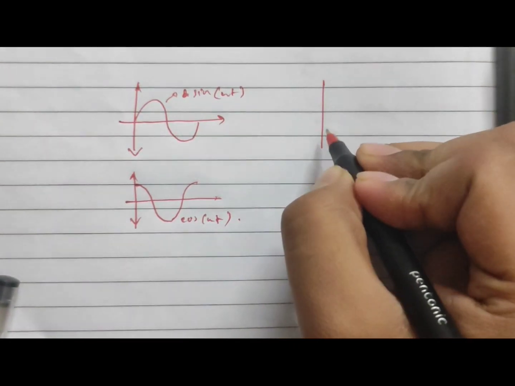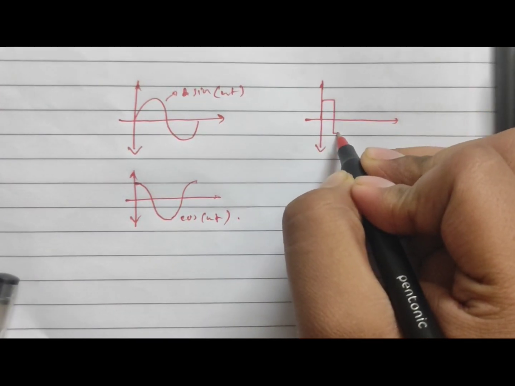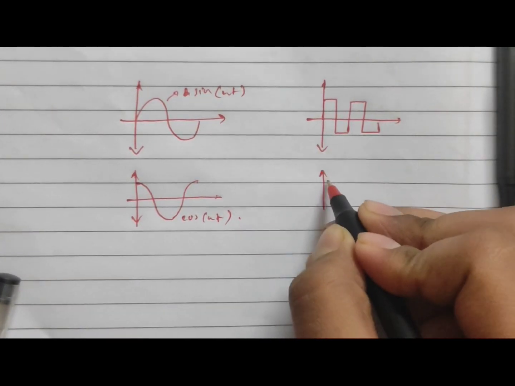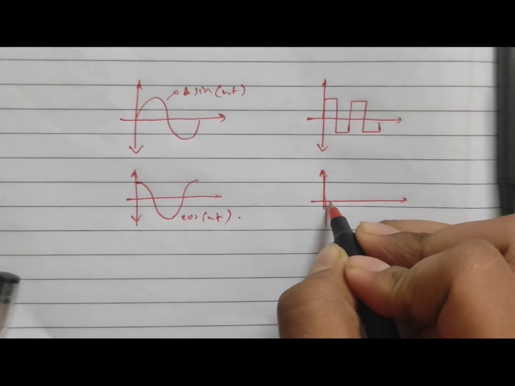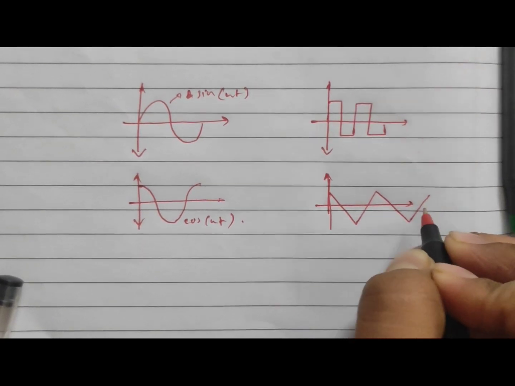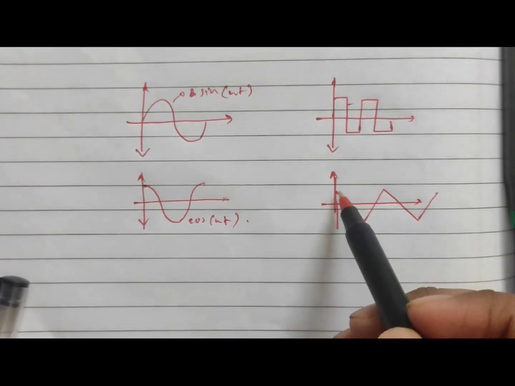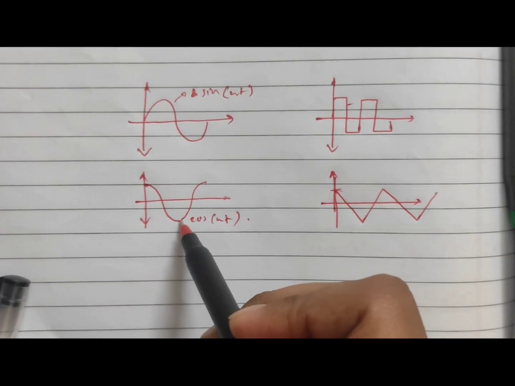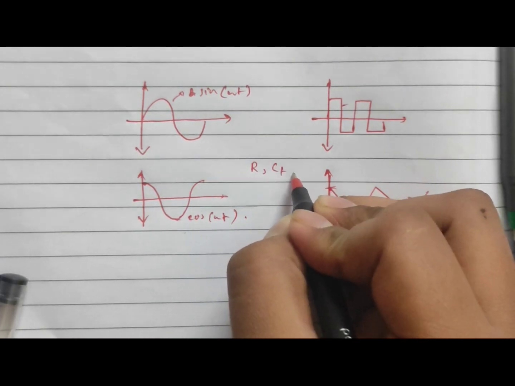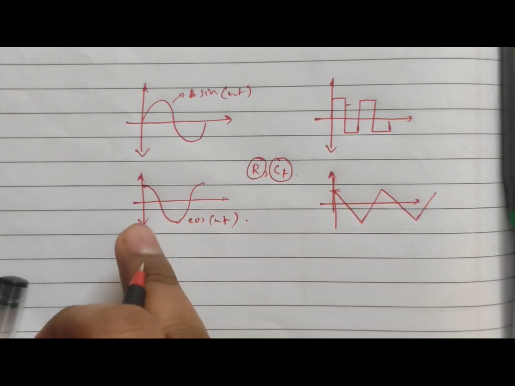Similarly, for a square wave applied at the input terminal, we get a triangular wave at the output terminal. Likewise, here also the values of the amplitude depend on R and CF, and by changing the values of R and CF, we can change the amplitude of the output signal.